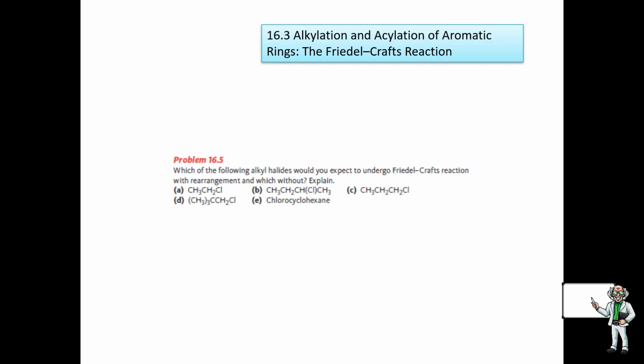And finally, chlorocyclohexane. When we form the carbocation, we get a secondary carbocation that we cannot rearrange because everything that we can get will be exactly the same to form the final product. That means A and E will not rearrange, while all the others will rearrange.